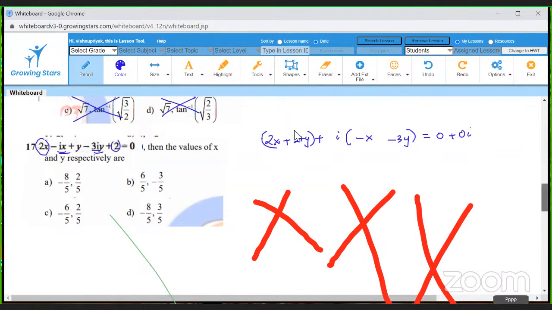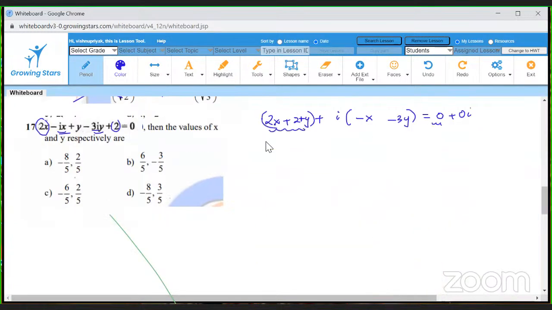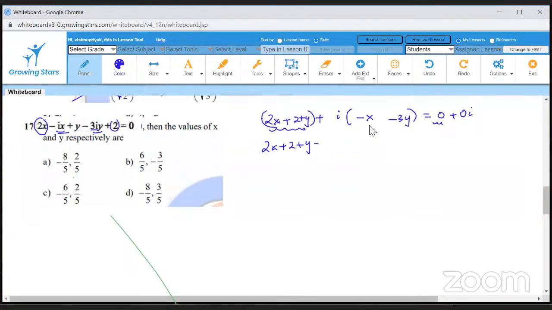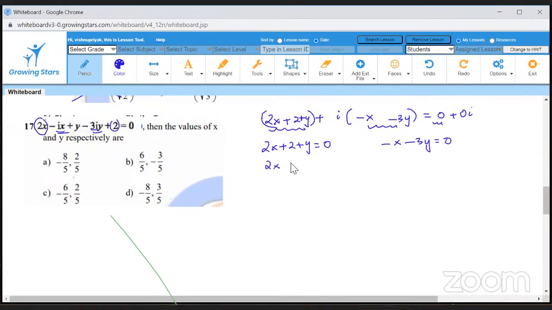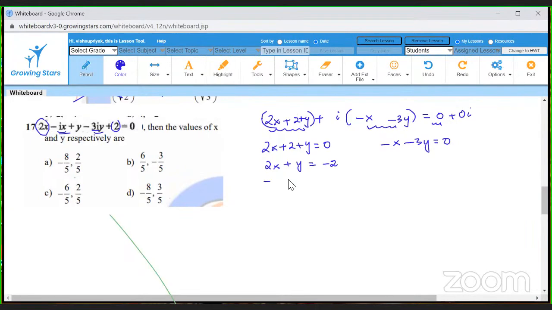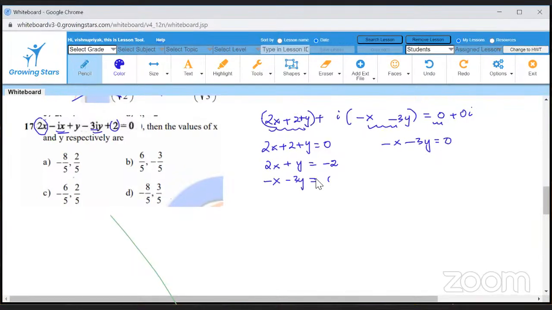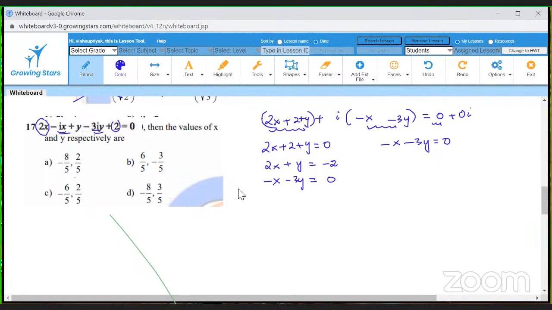Now I will set the real part to 0. 2x plus 2 plus y equal to 0. Imaginary part minus x minus 3y equal to 0. So 2x plus y equal to minus 2. Minus x minus 3y equal to 0. You have to take one of the options and put it here or solve these two equations.